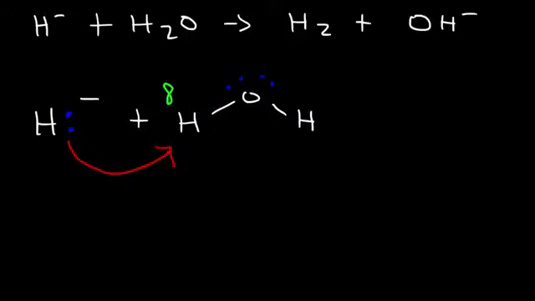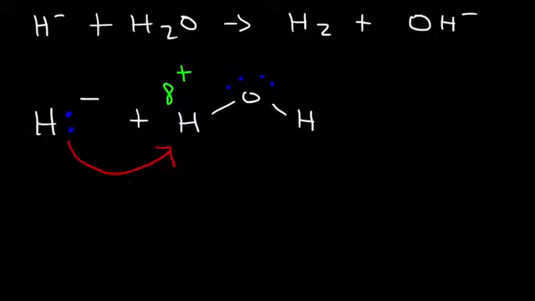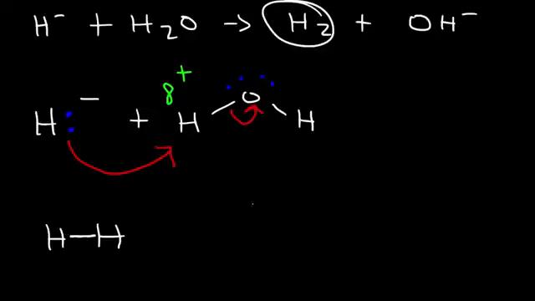And we know that opposites attract, so this hydride ion with a negative charge is attracted to this hydrogen atom with the partial positive charge. So those two will connect. And once they get together, this bond is going to break. Those 2 electrons are going to go back to this oxygen. So when these two get together, they form hydrogen gas, H2, leaving behind a hydroxide ion.